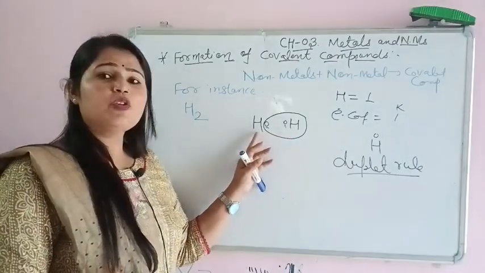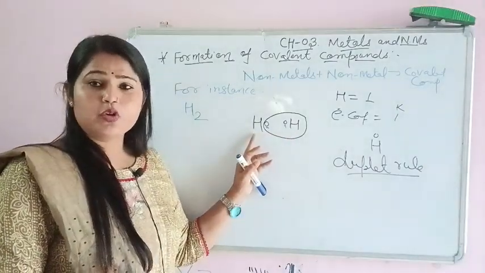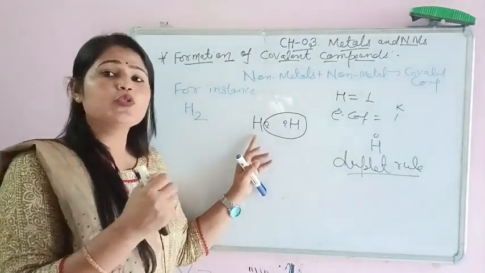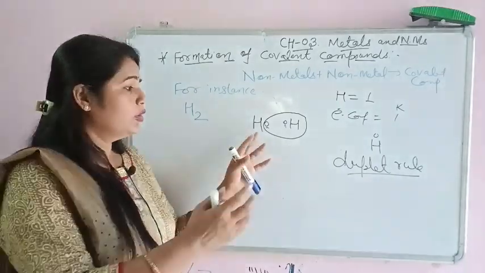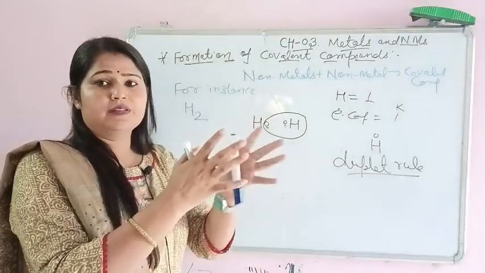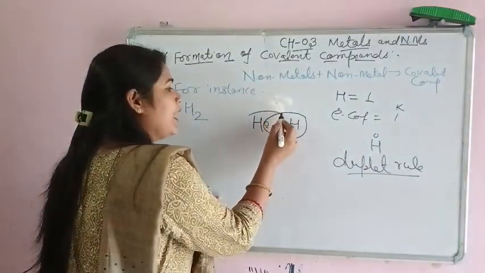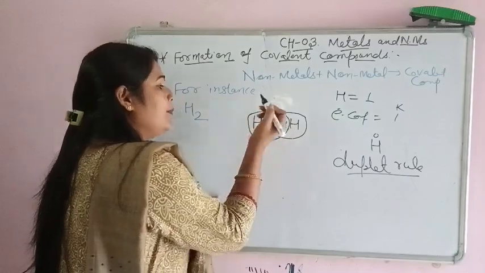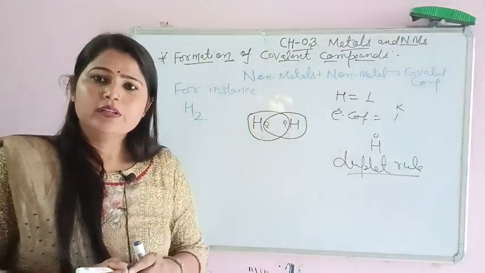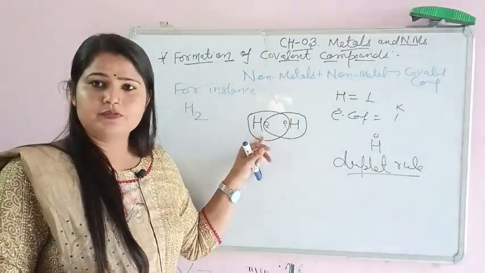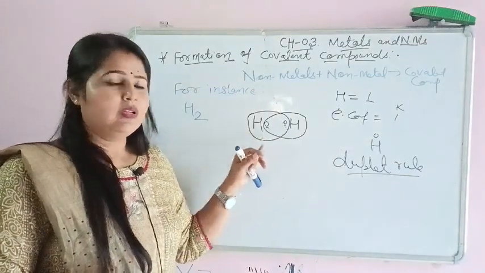Now in the case of this hydrogen atom, this hydrogen atom also shares the electrons; they mutually share the electrons. When this hydrogen atom shares the electron from the neighboring hydrogen, it also becomes stable.